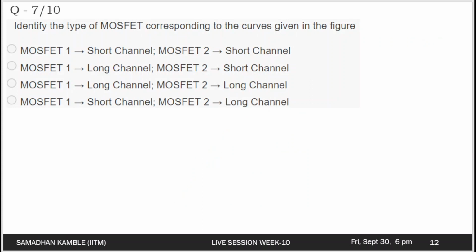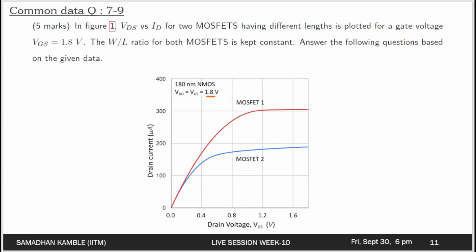Identify the type of MOSFET corresponding to the curves in the figure. As I have discussed in the previous question as well, for the shorter channel, the VDS saturation is lesser than the VDS saturation for the long channel.